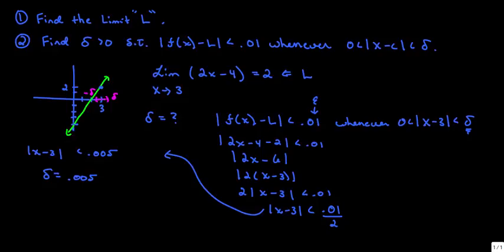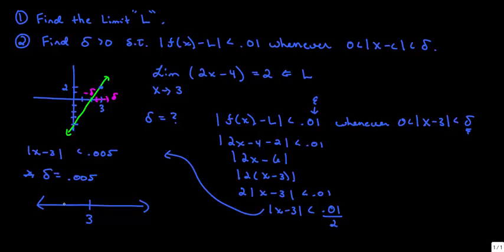So, if you took any x value that was within 0.005 of 3. Here's what I mean. Let's take a look at our x values. This is the big picture. This is the answer right here, but the big picture is this.